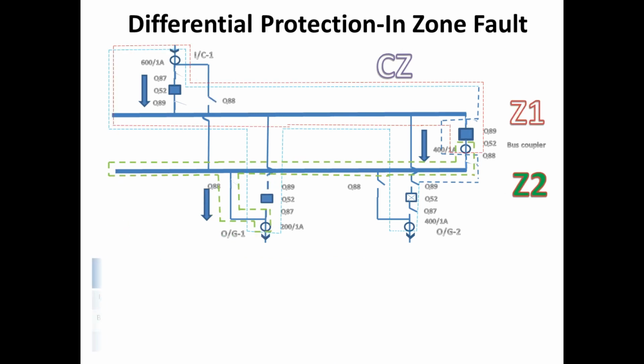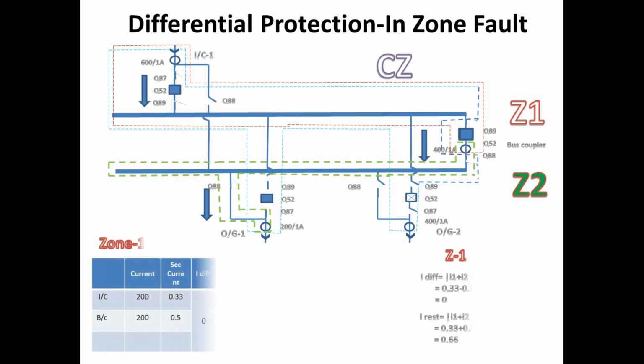Now zone 1 is under stability because the zone 1 incomer and bus coupler get nullified, because for the bus coupler CT we didn't change the polarity, so it is nullified. Zone 1 differential is 0, but for zone 2 I changed the outgoing polarity.